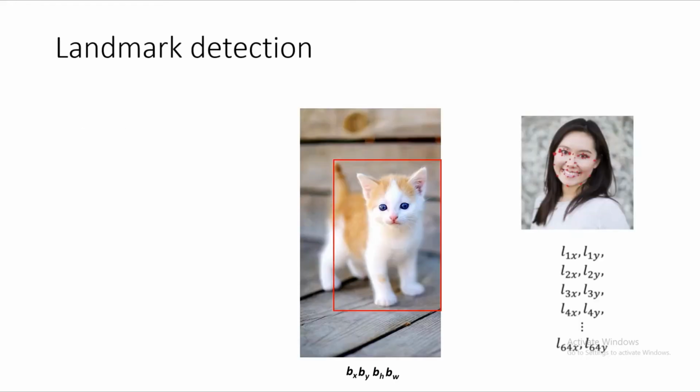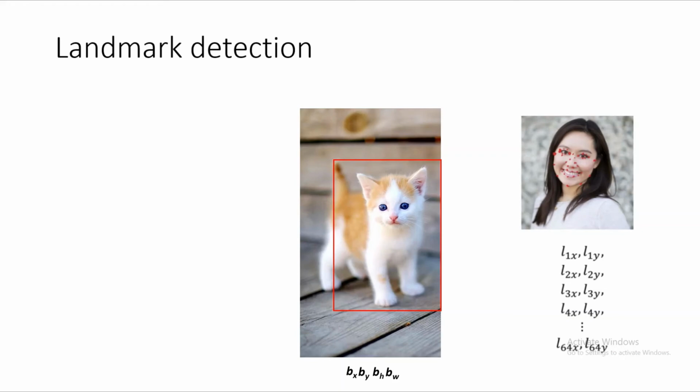Another example is landmark detection. In classification with object localization, we saw how we can specify the bounding box of the object from the output of a neural network, which consists of 4 numbers: bx, by, bh, and bw.